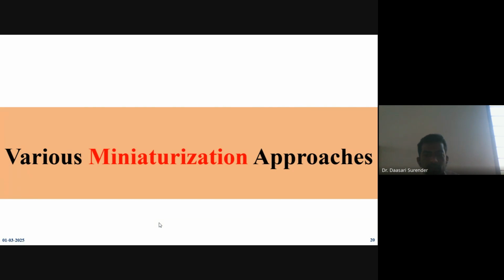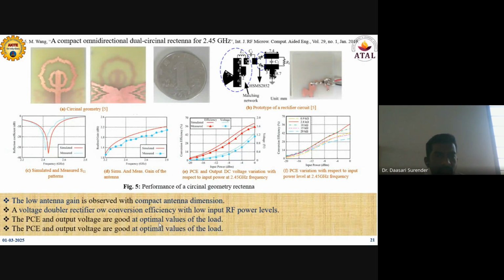So there are various miniaturization approaches. Here I have presented a few antenna designs which are based on compactness. Here a circular geometry is implemented in the presented paper for achieving the compactness.